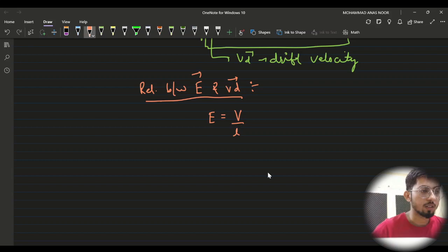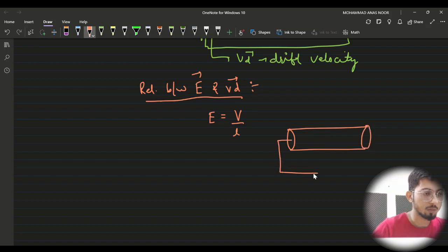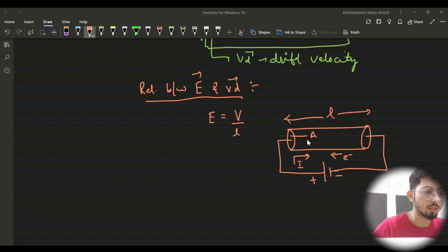Let us take again a conductor. This is a wire, and we have connected it to a cell or a battery with the help of wire. So this is positive, this is negative, this is the conventional direction of current, which is I. This is the direction of electrons. This has a length L, and the area of cross section is A. And the electric field, because this is positive and this is negative, would be in the direction of conventional current.